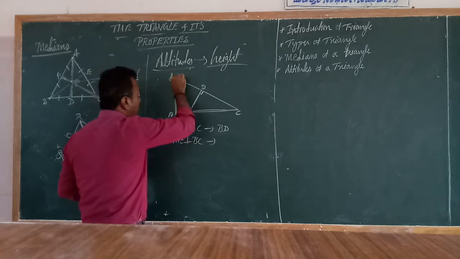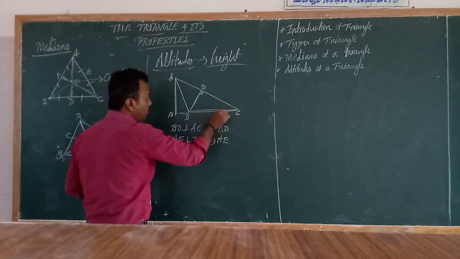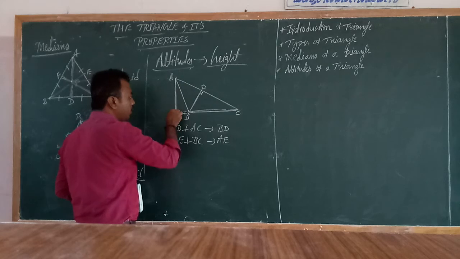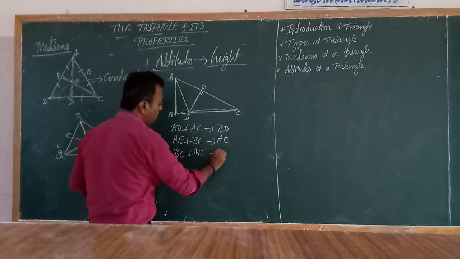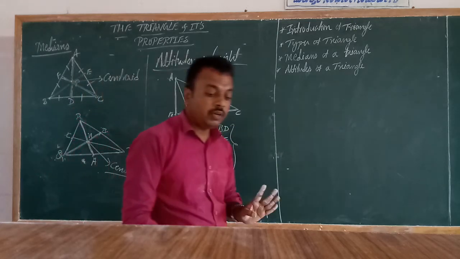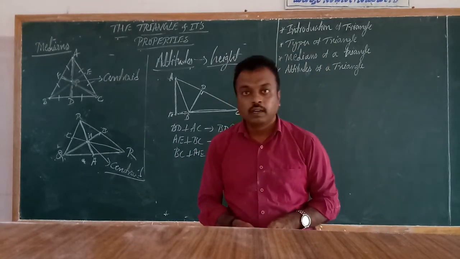Therefore, AE is one of the altitudes, and then we should extend BC. BC is perpendicular to AE. Therefore, BC is one of the altitudes. Therefore, there are 3 medians in a triangle and there are 3 altitudes in a triangle.